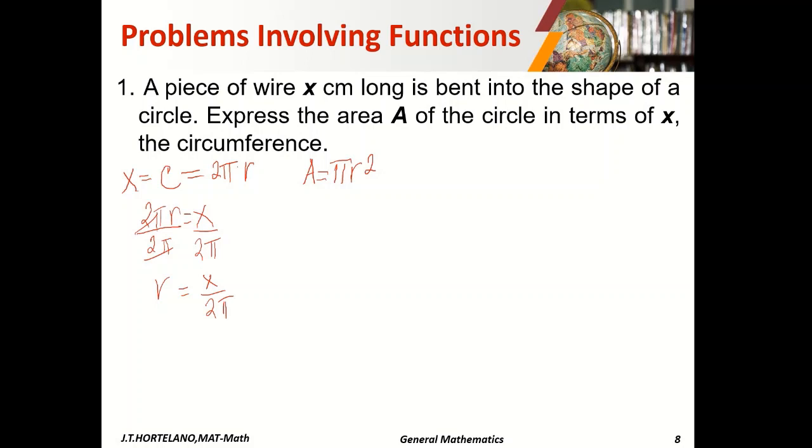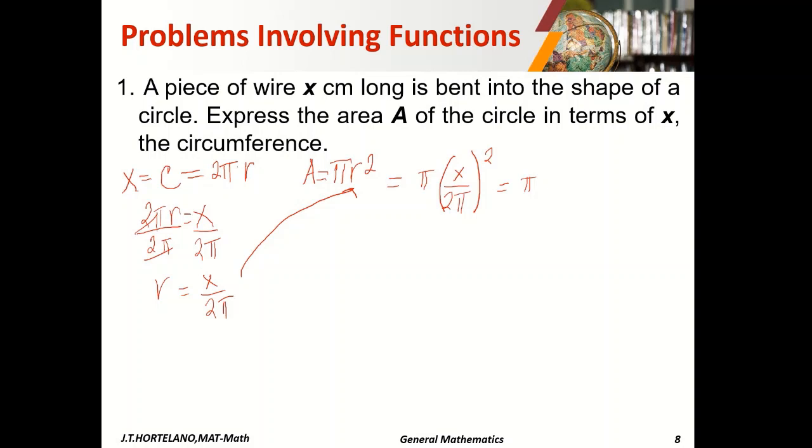Okay? Now, next is plug in this r to our area. Okay, so this will become pi times the r is x over 2 pi. Okay, squared. So this is pi times. So if you have this kind of expression na may fraction form ka, then naka-square or an exponent, kailangan naka-square din yung taas tsaka yung baba.